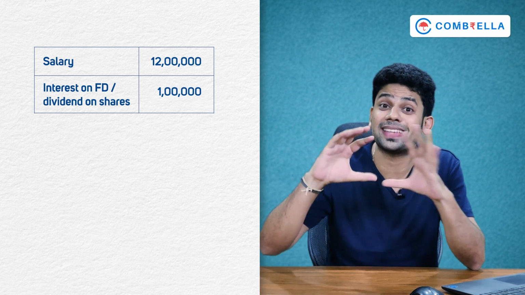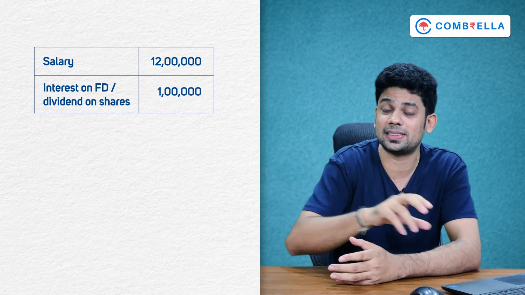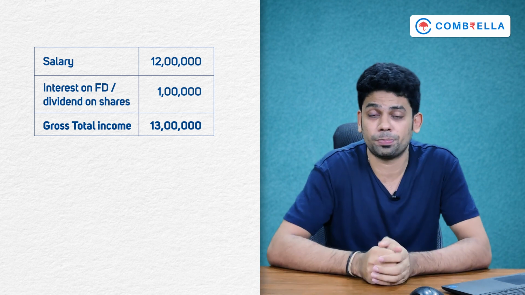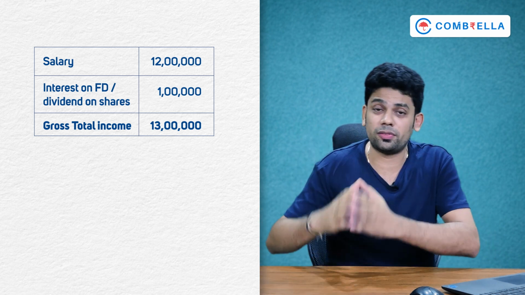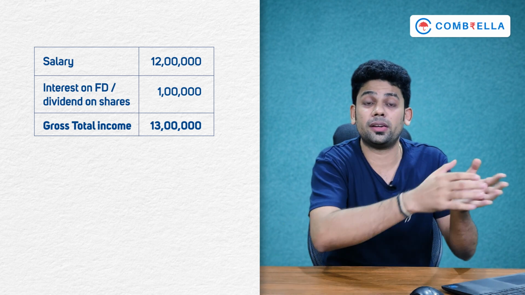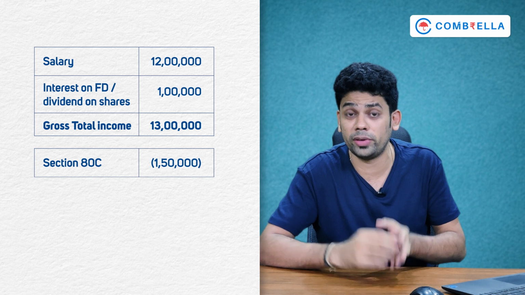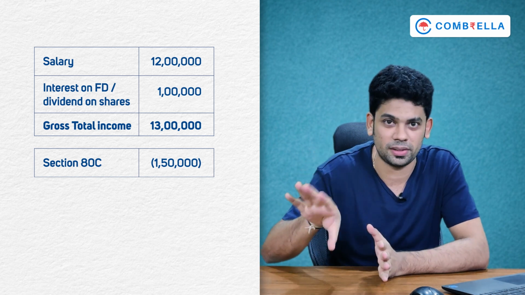So what is your gross income? It is 12 lakhs salary plus 1 lakh of interest and dividends, a total of 13 lakhs per annum. Now out of this 13 lakhs, suppose you have invested some amount in various points under 80C which I have told you, and you have contributed 1,50,000 rupees.